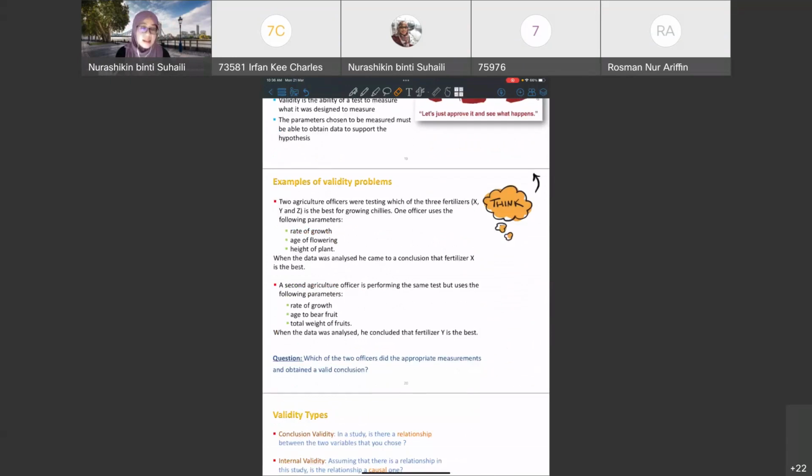Why this validity is important, because whenever you design an experiment, it's very important for you to make sure that what you measure fulfills what you are looking for. You know what I mean? Okay, for example, 2 agriculture officers were testing which of the 3 fertilizers is the best for growing chilies.